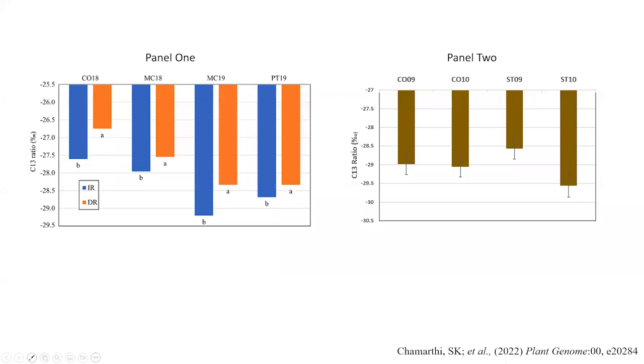So to remind you, a less negative value indicates a higher water use efficiency, and a more negative number indicates a lower water use efficiency. So what we saw was that when we imposed drought, we saw an increase in water use efficiency, and this was true across all the locations. We also had some additional locations where we didn't have sufficient drought stress, so we just had an irrigated control, but it doesn't make a pretty figure.